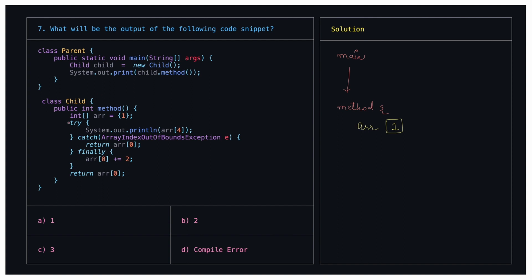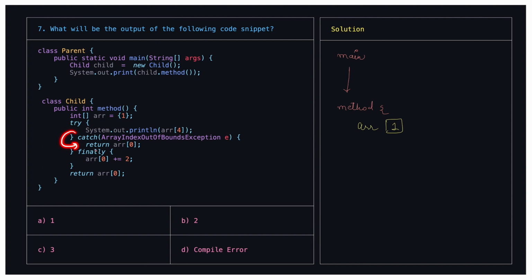Now let's come to this try block. The try block says print the element at the 4th index of the array, but the length of the array is 1. That means we are trying to access an element which is beyond the length of the array. So it will throw an array index out of bound exception and the control will move to the catch block.